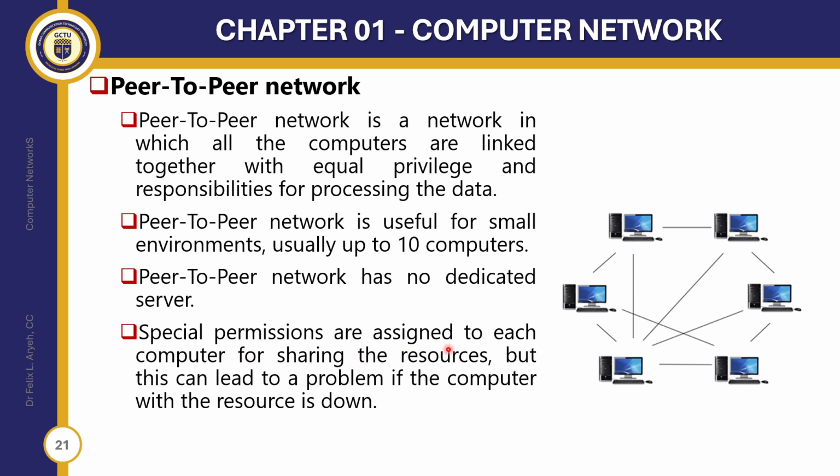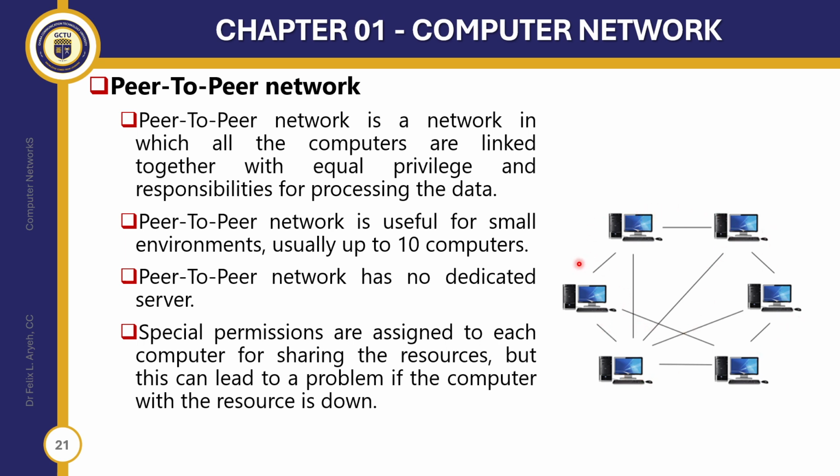Special permissions are assigned to each computer for sharing the resources, but this can lead to a problem if the computer with the resource is down. Each of them has different data.